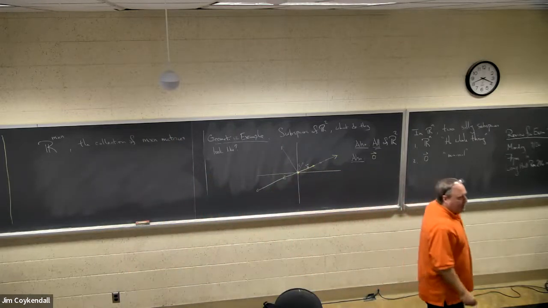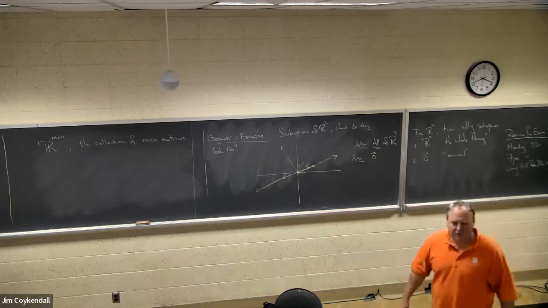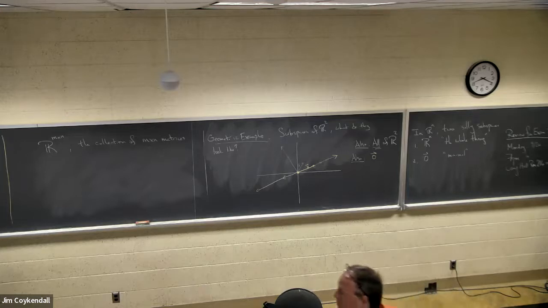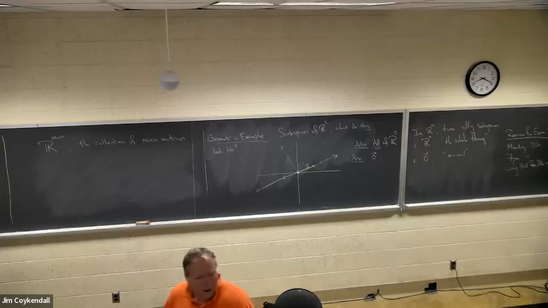Let me ask you this. If I have an M by N matrix and another M by N matrix, when I add them up, what do I get? Another M by N matrix, right? So when I add two M by N matrices, I get a new M by N matrix.